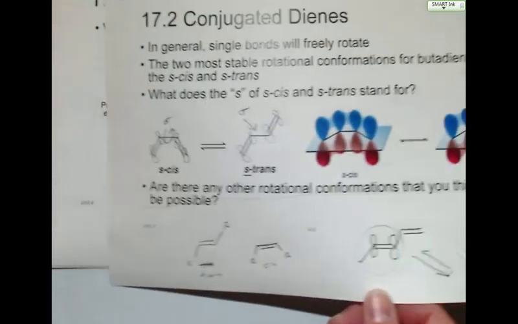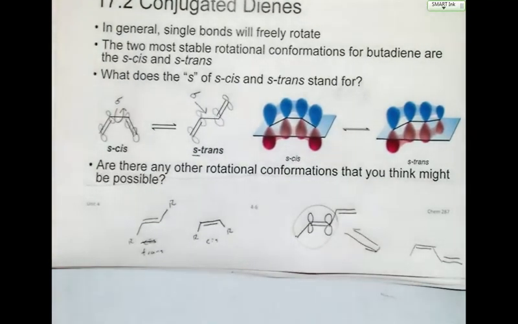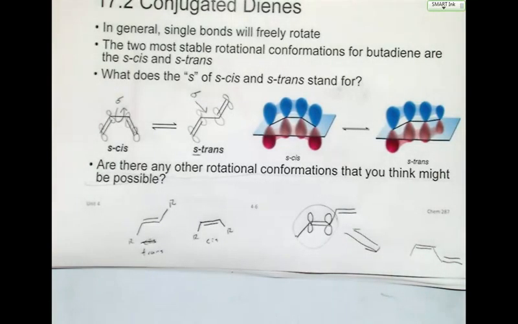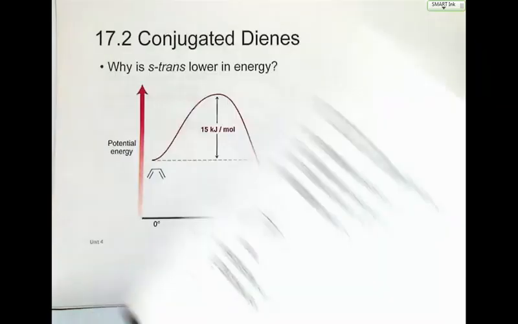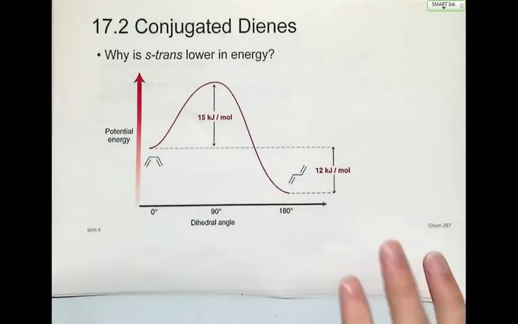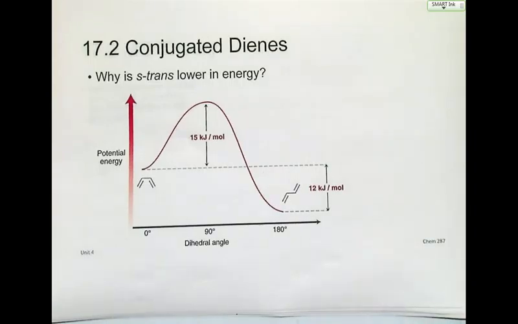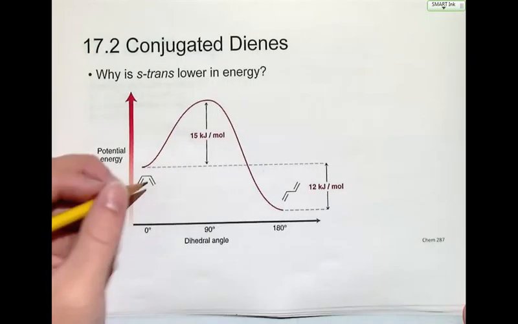So why do you think I only drew these two? Why didn't I draw some of the others? Well, it has to do with this energy level diagram. First let's look at the two minima on this.